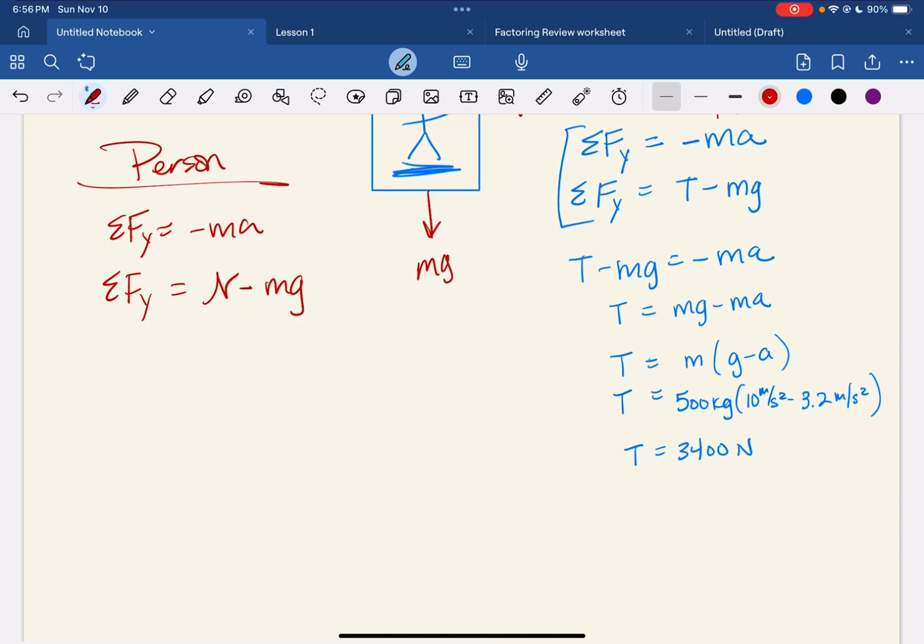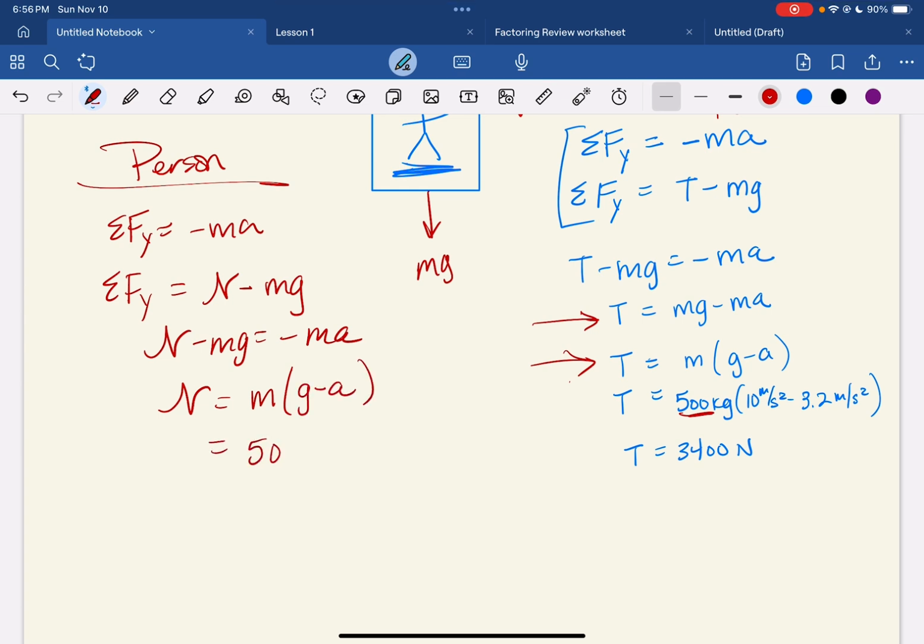That's why we used this 500, because it's the person and the elevator. Well, I could say that normal minus mg is equal to negative ma. Again, I can use this strategy going from here to here so that my normal force is going to be equal to mass times g minus a.